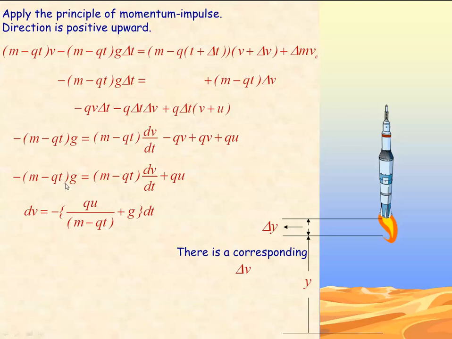So if you take a look at this, there's a couple of ways we could do this. If we divide through by this term all the way, we can get dv/dt, and you'll have a g left, or minus g. So there's the minus g that's left right there. And then you have that times qu, okay?